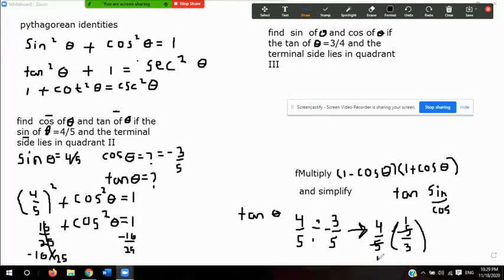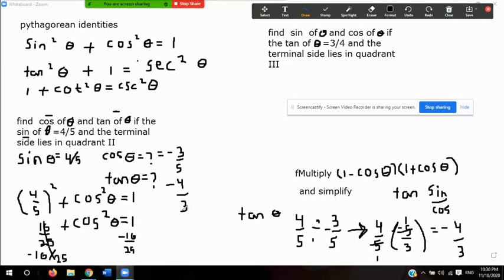So 4 times 1 is 4, or -4, because remember that this is -5/3. So this would be -4/3. The tangent of theta is -4/3. You saw how we used a Pythagorean identity, and we also used a quotient identity, to find the tangent.